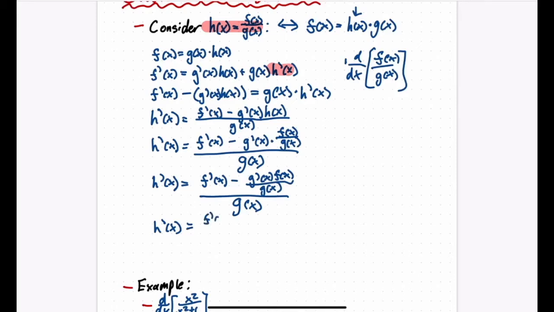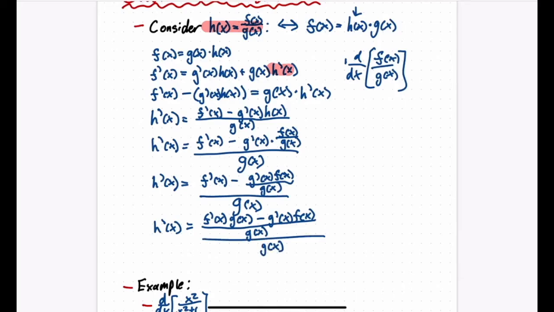So we have f prime of x times g of x minus g prime of x times f of x, over g of x, that's that numerator, and then as well still over g of x.